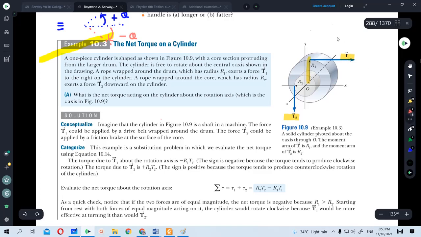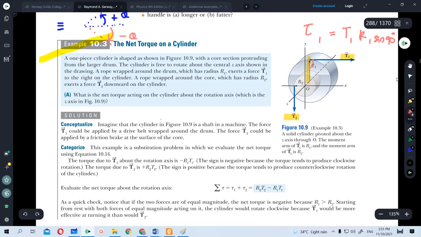So the first torque here, coming from tension 1, we are going to jot down as torque 1, equivalent to the product of T1 times R1, because this is where the force is applied, and the distance to the axis of rotation is R1. And because the force is applied perpendicularly, the product of sine theta is 1. The same goes for T2.